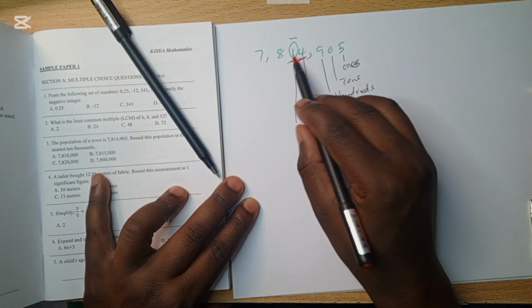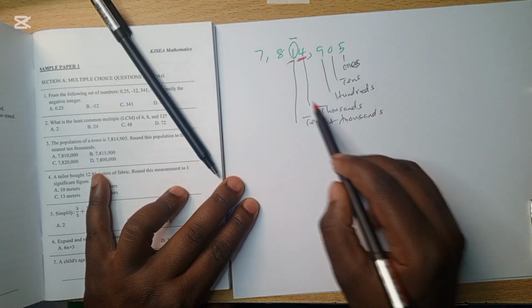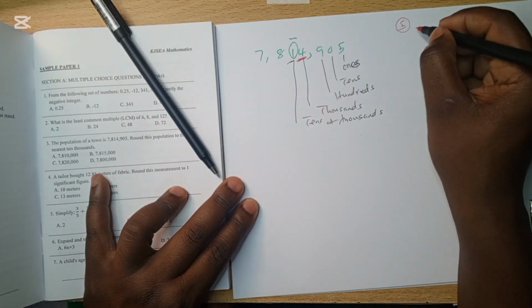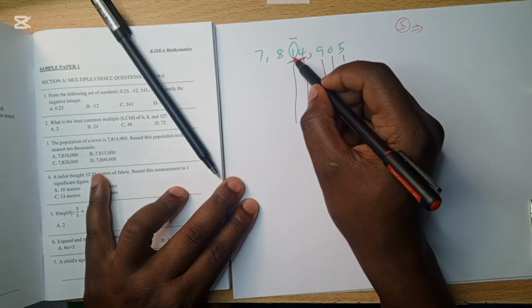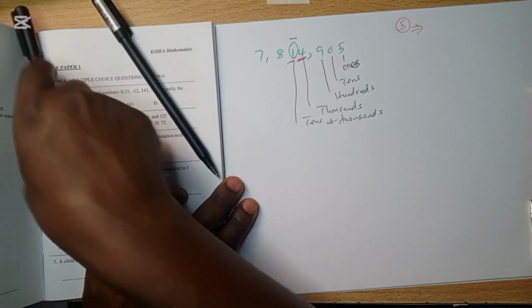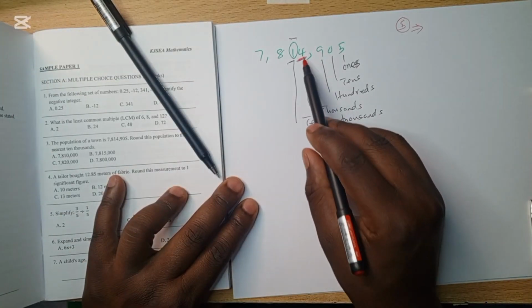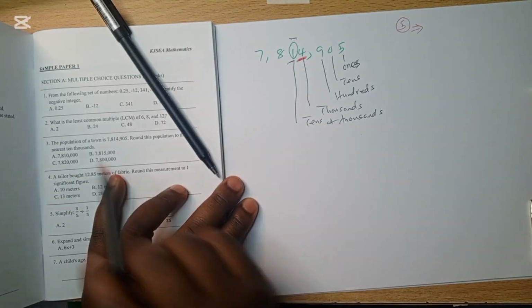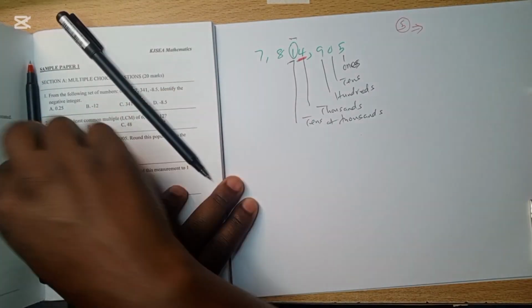If this digit before the tens of thousands, the thousands digit, is at least 5, then the tens of thousands number will go up. But if it is less than 5, in this case it is 4, then it will remain the same, and all the other numbers will remain 0.